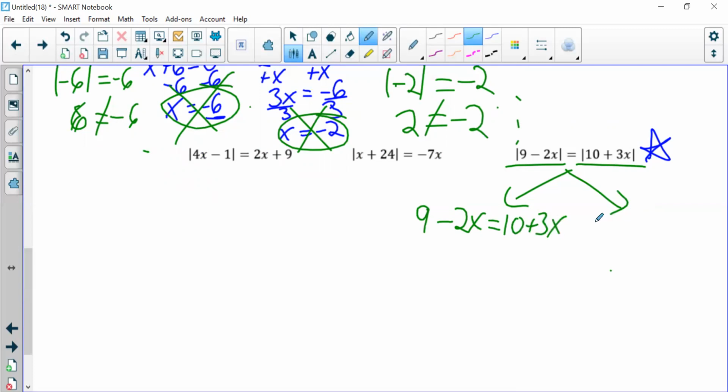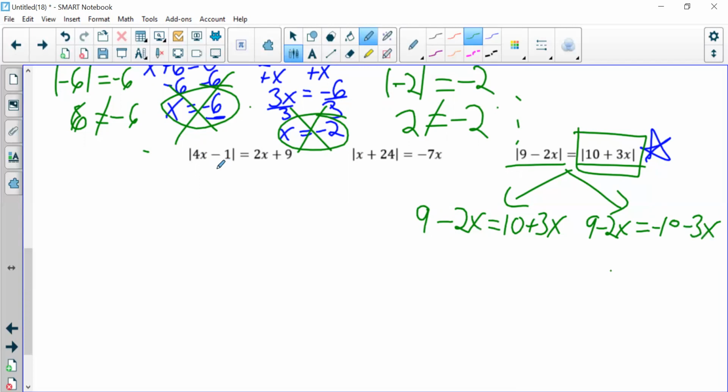Now the other side, we're going to say 9 minus 2x equals, and for this side, we have to negate. We have to change the signs of everything on the right side. Right now I have a positive 10 plus 3x. So when I'm changing the signs, I'm going to say negative 10 minus 3x. All right, and that's how we do it.